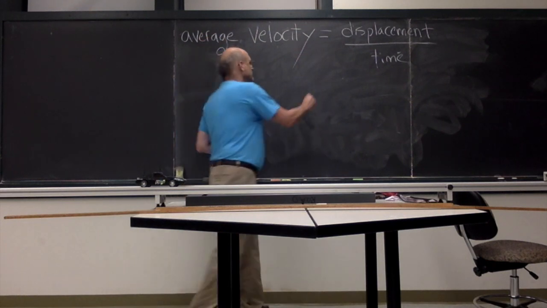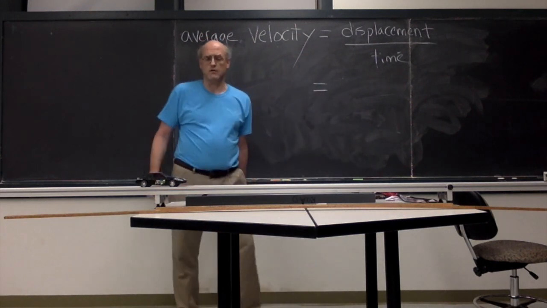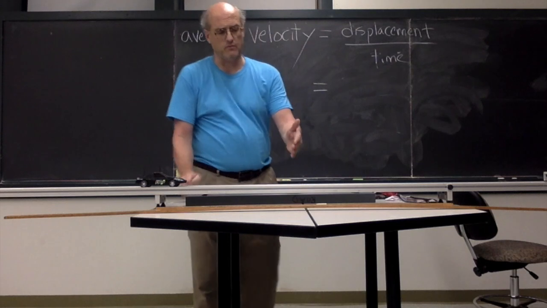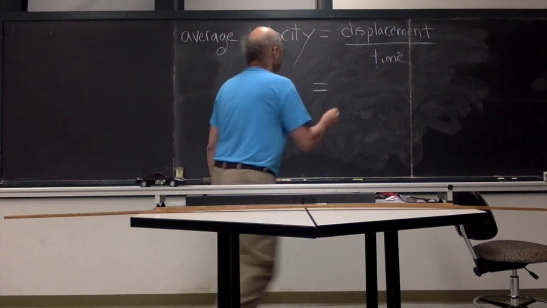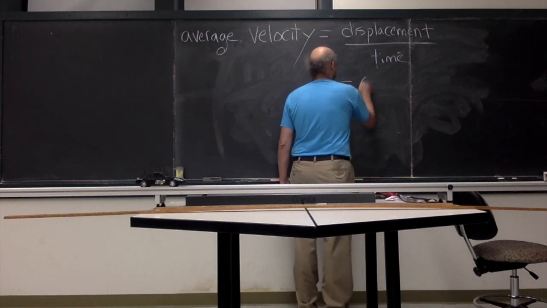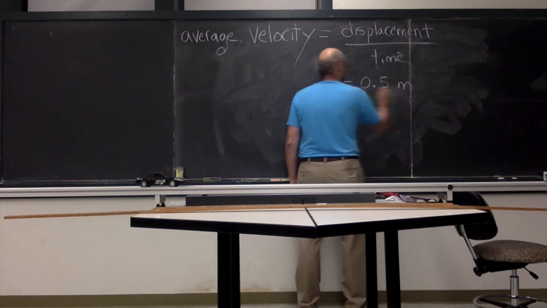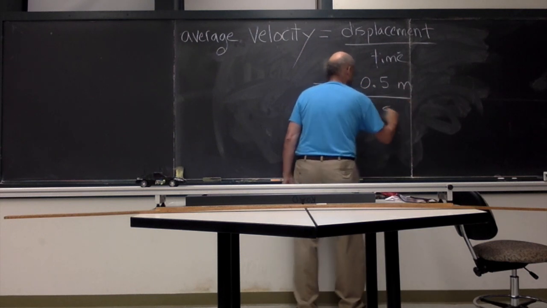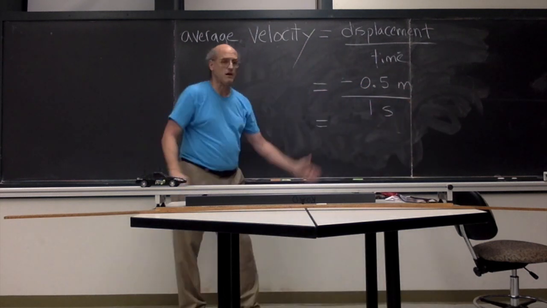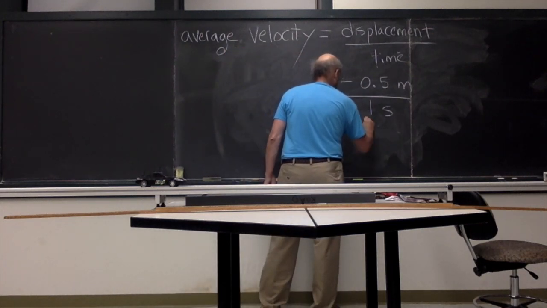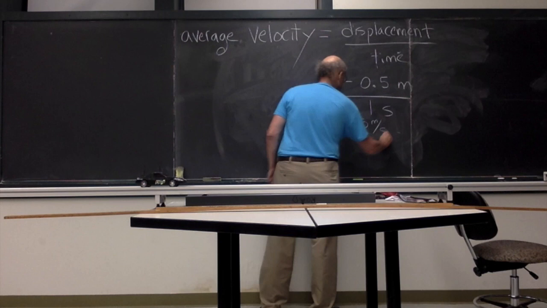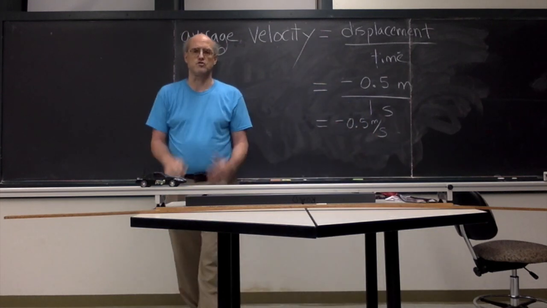Because you'll notice in our last example, the displacement was -0.5 meter. If that took 1 second, then we would say its average velocity is -0.5 meters per second. So the negative sign here gives the direction.